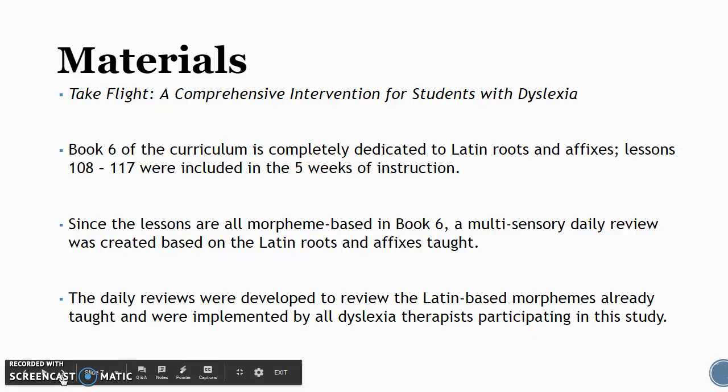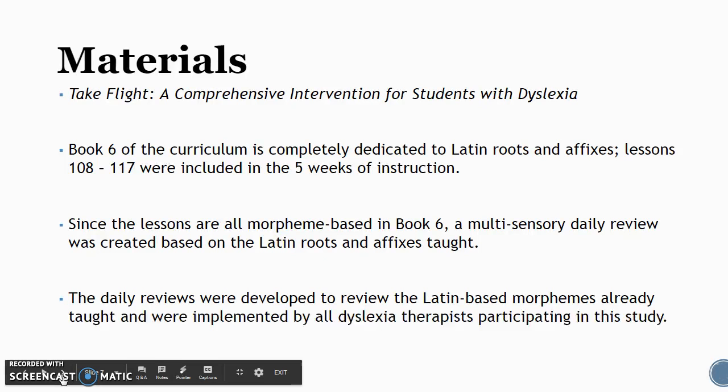The materials were the Take Flight program, the curriculum. Specifically, Book 6 of the curriculum is where we are at, and that was dedicated to those Latin roots and affixes. Only lessons 108 through 117 were included in these 5 weeks of instruction. And since the lessons are all morpheme-based in Book 6, I created a daily review that would review those Latin roots and affixes taught.